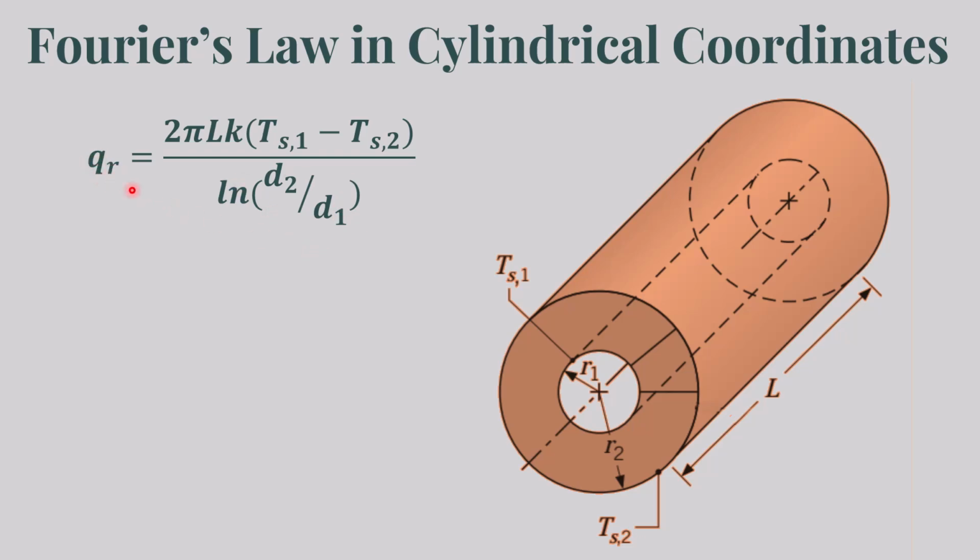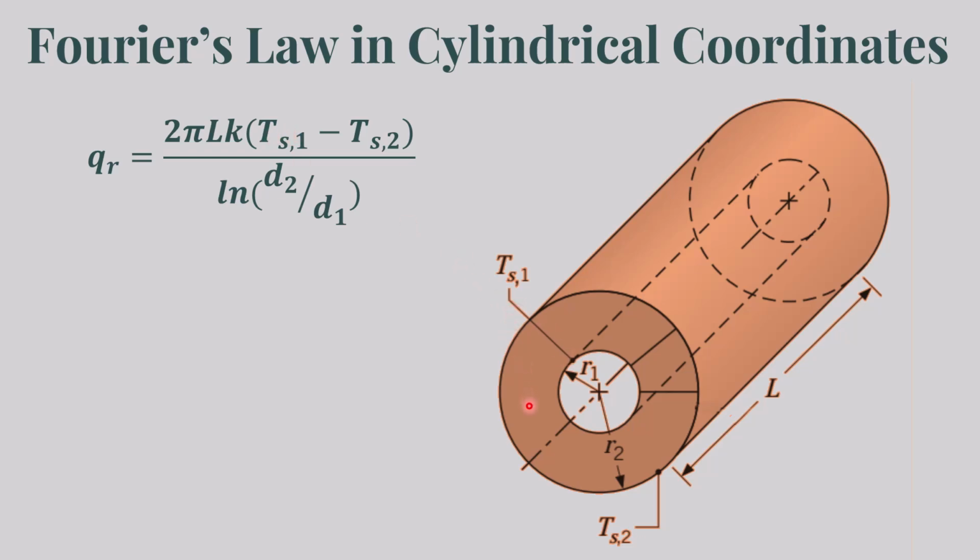And the heat transfer rate in the radial coordinates, so through this thickness, is equal to 2 times pi times L, and L is the length of this supposed pipe, and K is the conductivity of this material, and TS1 and TS2 are the temperatures of the inner and outer surfaces.